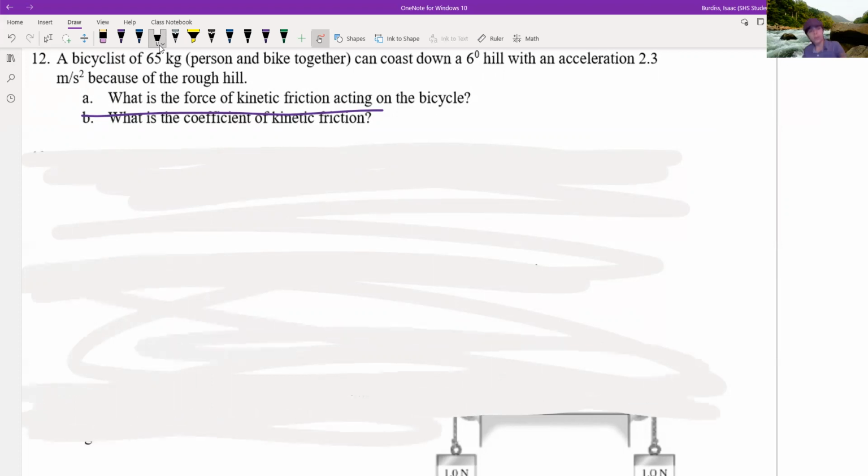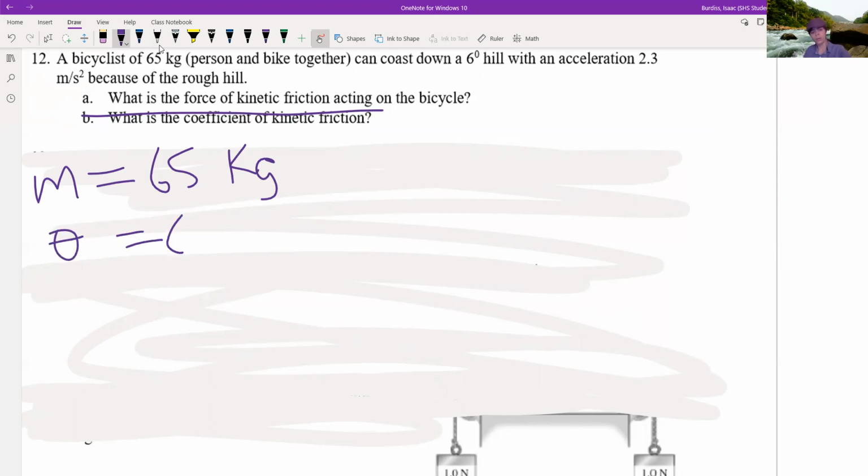All right. Okay. So drawing a picture can be helpful. So there's a bicyclist that has a mass of 65 kg. And they go down a 6 degrees hill with acceleration of 2.3 meters per second squared.